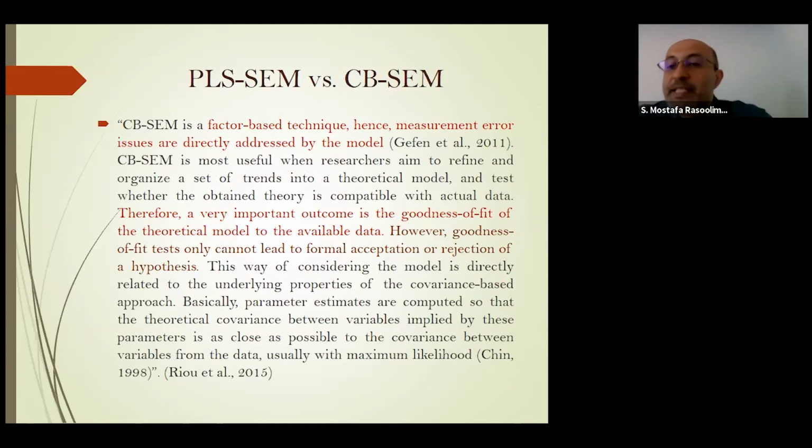Covariance-based SEM is also called a factor-based or common-factor-based approach. In covariance-based SEM, there are some very important criteria, like goodness of fit. Because covariance-based SEM is correlation-based. If we look at correlation, what was the main characteristic of correlation?